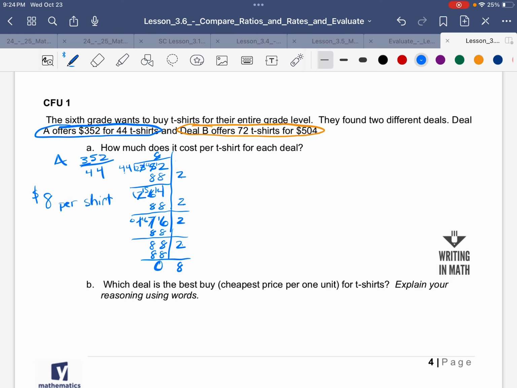Okay. Deal B. Let's check it out. So B, we write our deal out, is $504, 72 shirts. So again, do our division.